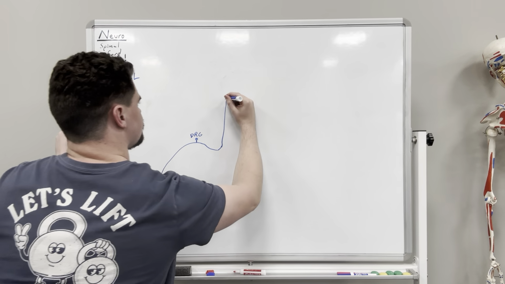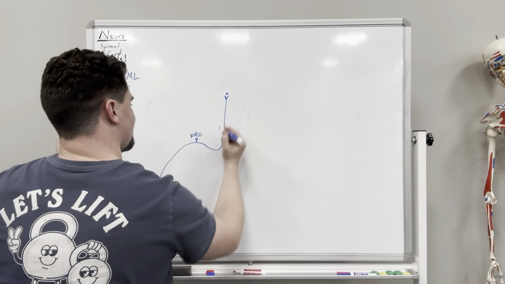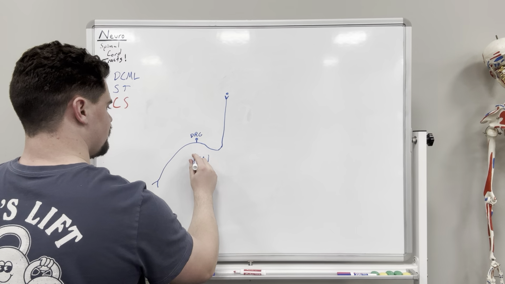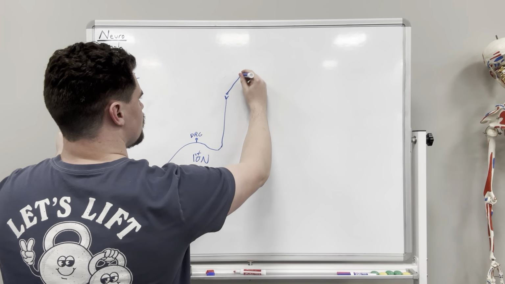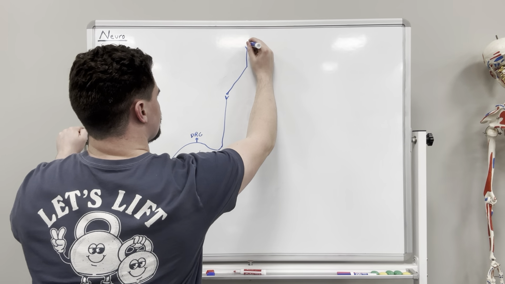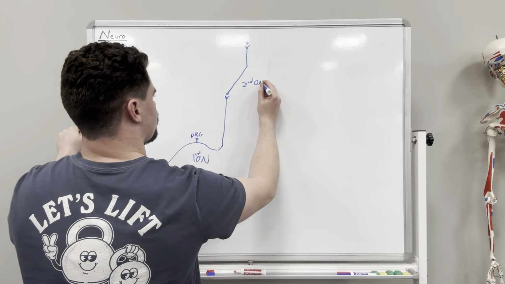and then it is going to synapse with the second order neuron. So this is the first order neuron, and then it synapses on the second order neuron, crosses, and then ascends up. So this is the second order neuron.